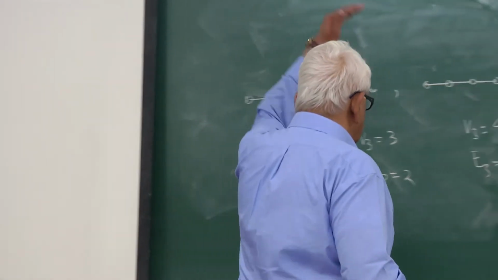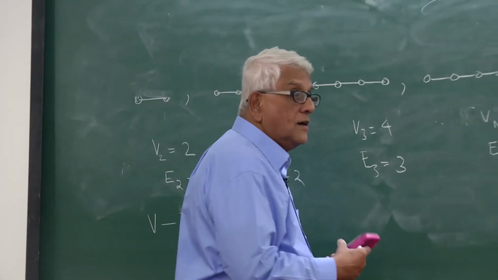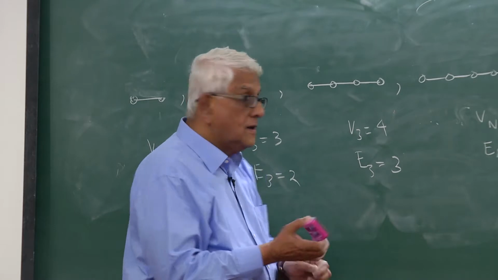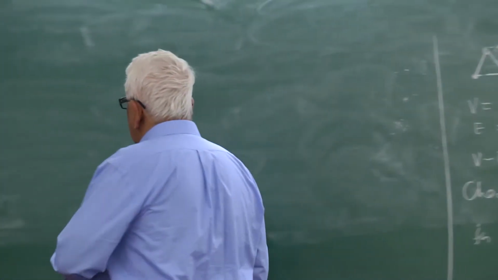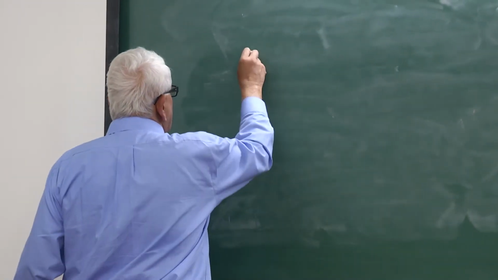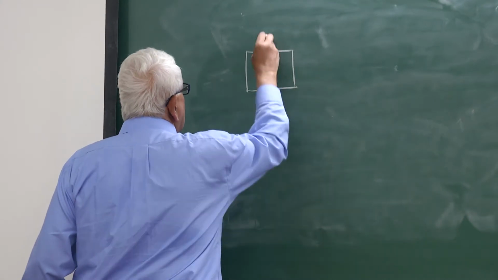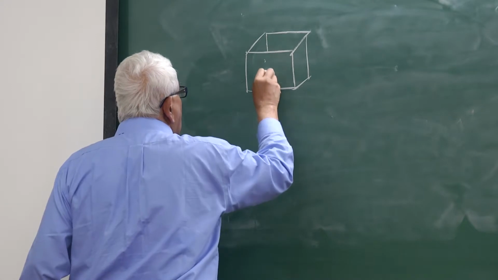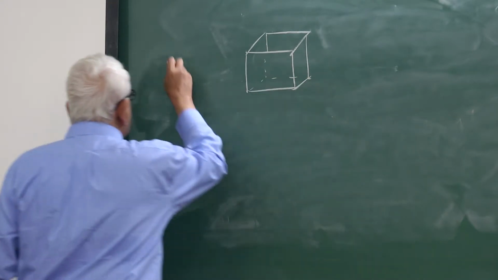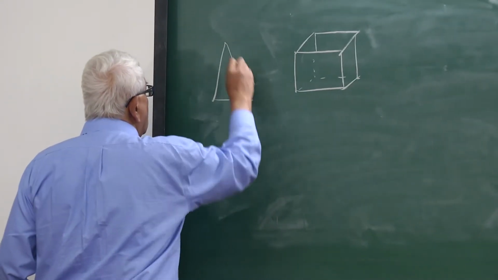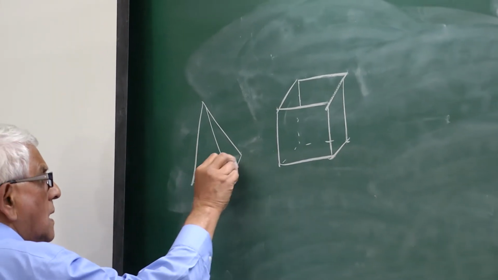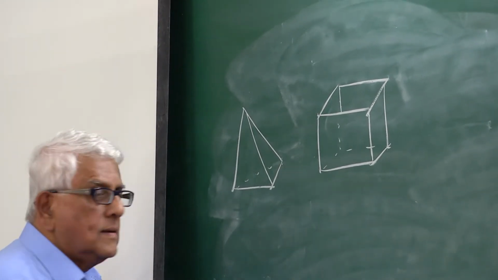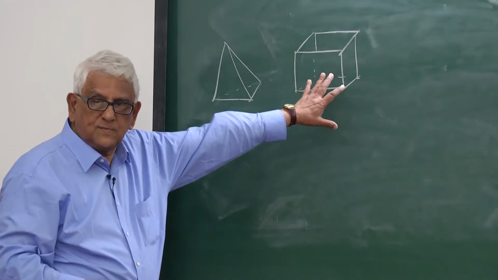So, let us go up one dimension now, from 2 to the next higher dimension. So, let us now look at closed surfaces. I will not draw the others, but one can draw.